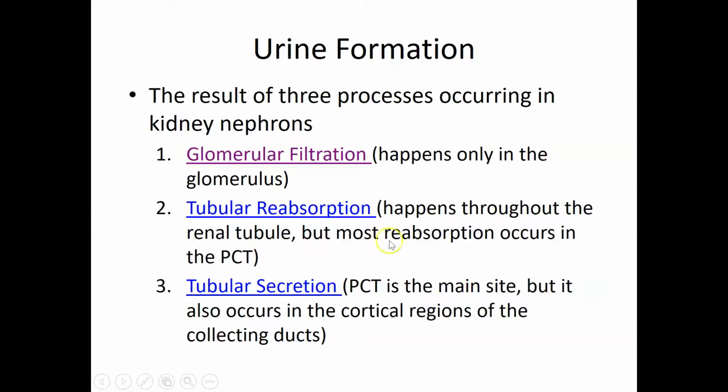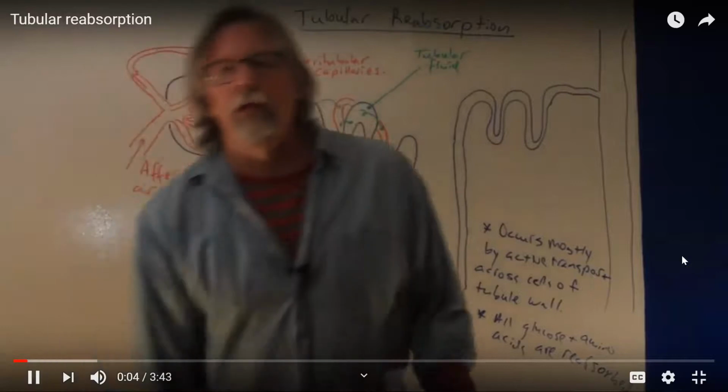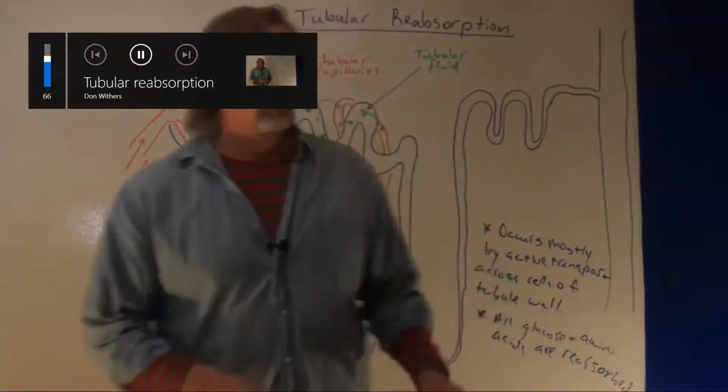All right, let's go on to the second process, tubular reabsorption. In glomerular filtration, materials are moving out of the bloodstream into the kidney tubule and the capsular space. What happens in tubular reabsorption? The second main process that happens is called tubular reabsorption.